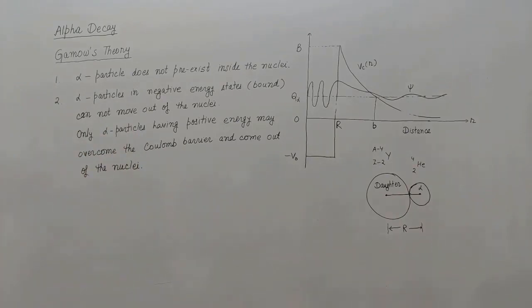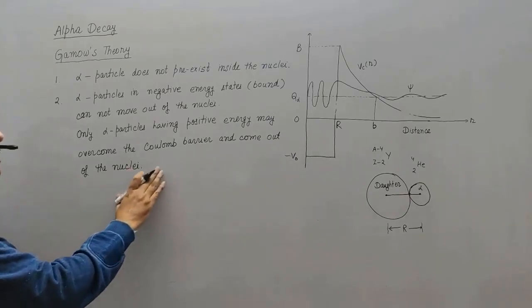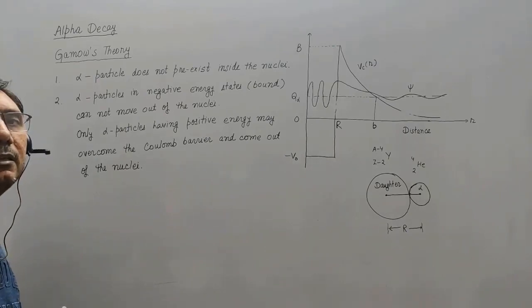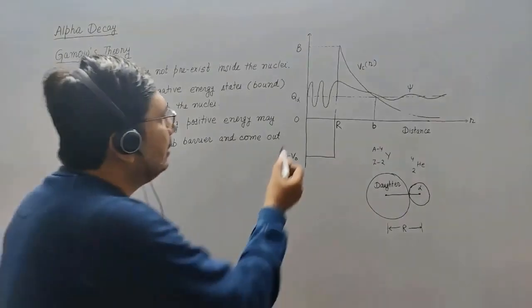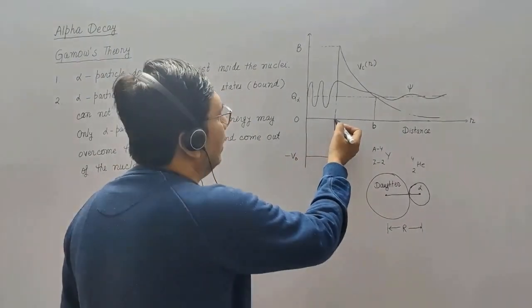So, first question is, how much Coulomb barrier potential is faced by this alpha particle? Alpha particle has to cross the Coulomb barrier. What is the numerical value of this Coulomb barrier? The estimate can be easily made. Here, this is the center of the nuclei, and this is the radius of the nuclei.